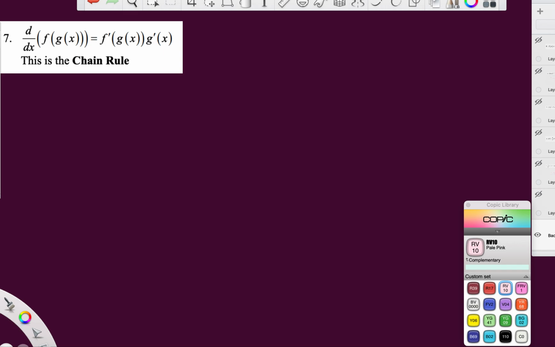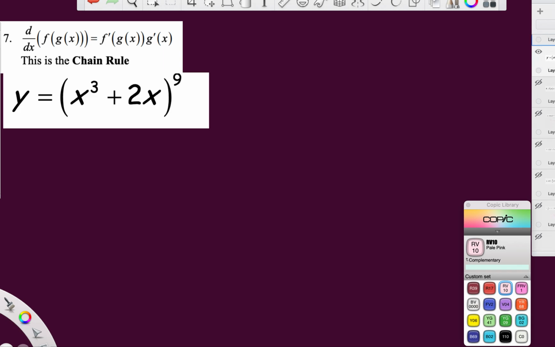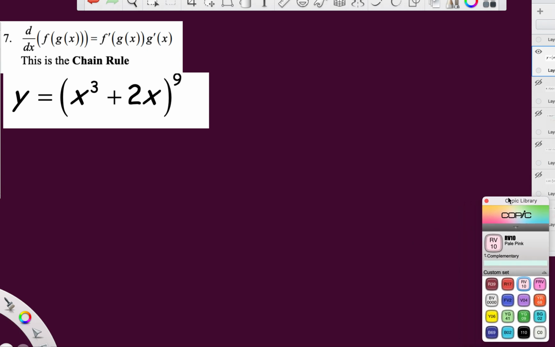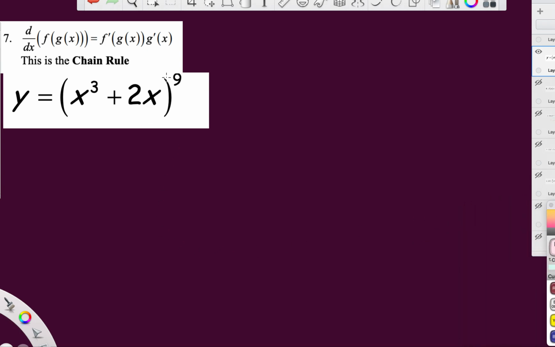Okay, so chain rule is 5 and 10. I need to find layer 10. There's layer 10. Okay, chain rule is easy, right? The derivative of the outside, and that's this exponent here, times the inside.